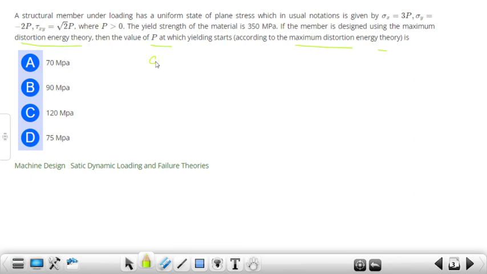So given data: sigma x is equal to 3p, sigma y is equal to minus 2p, and tau xy is equal to root 2 times p, and the yield strength sigma yt is equal to 350 megapascal.